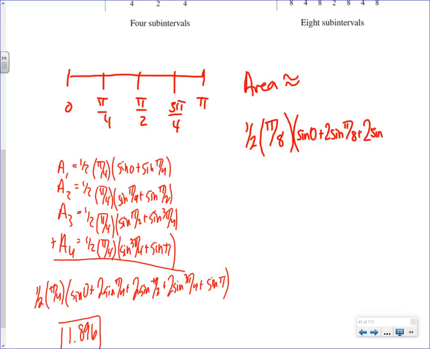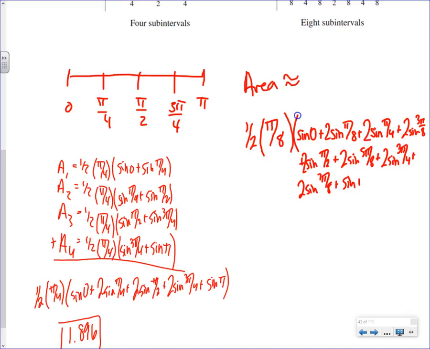So 1/8, got it. 2/8 would just be pi over 4. 3/8, 3 pi over 8. 4/8, 4 pi over 8. 5 pi over 8. 6 pi over 8, 7 pi over 8. And then the last one would be pi. There we go. And we have our approximation, right?